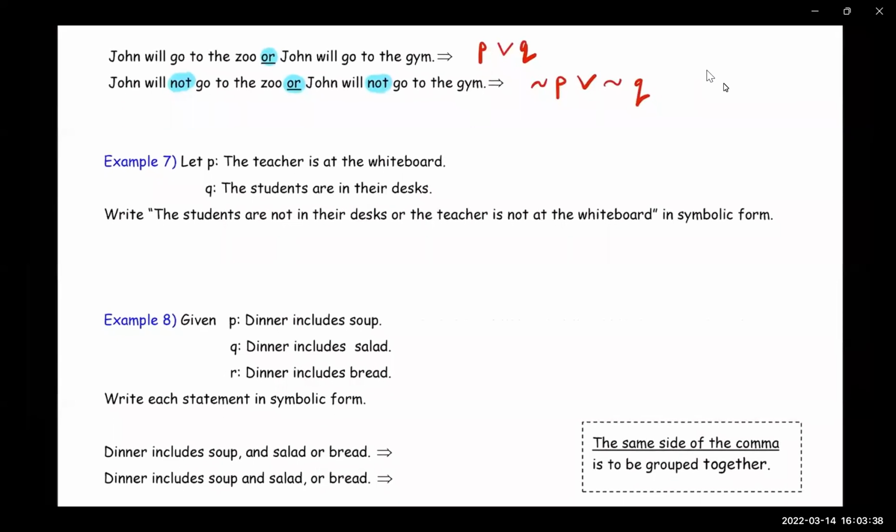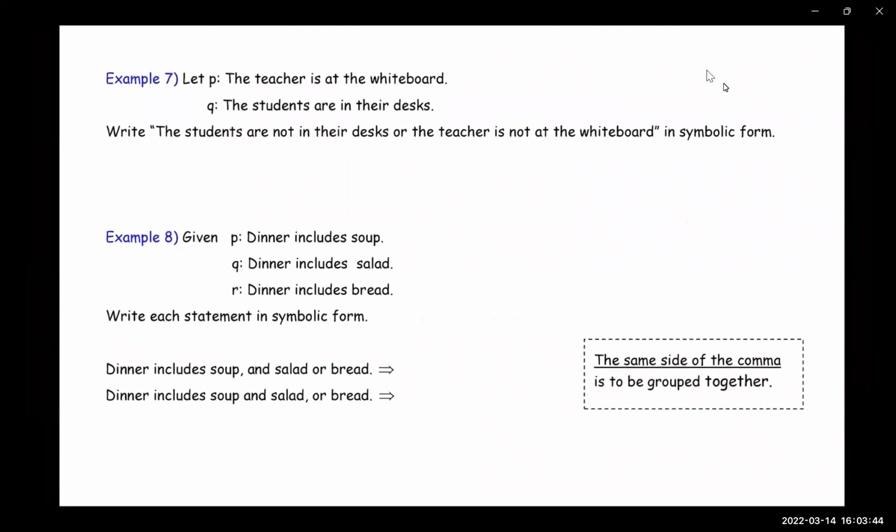All right, let P be the teacher is at the whiteboard. Q will be the students are in their desks. The students are not in their desks, or the teacher is not at the whiteboard. So what would go first? Careful. Squiggly line Q. The students, yeah, first.